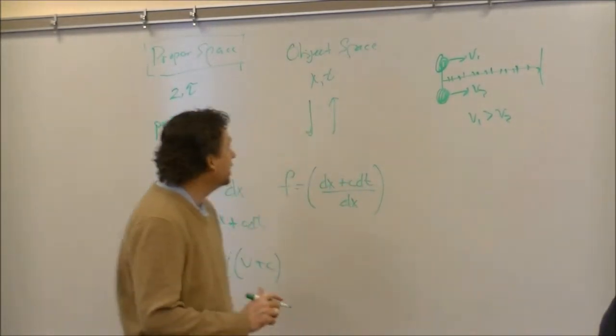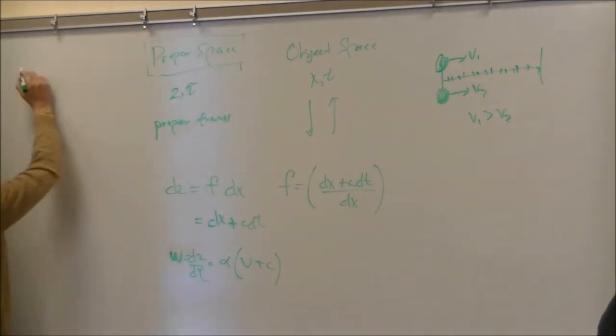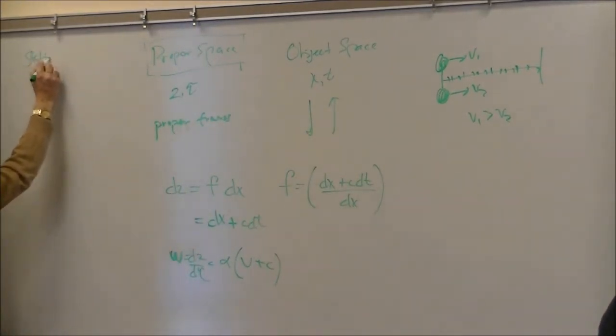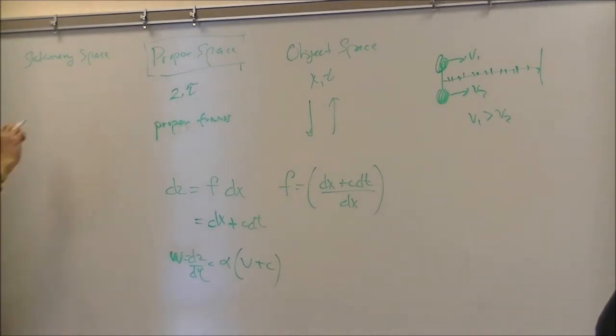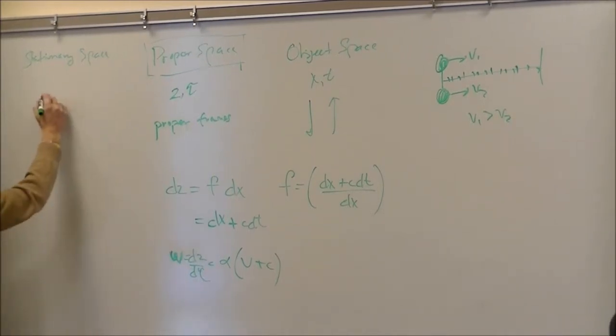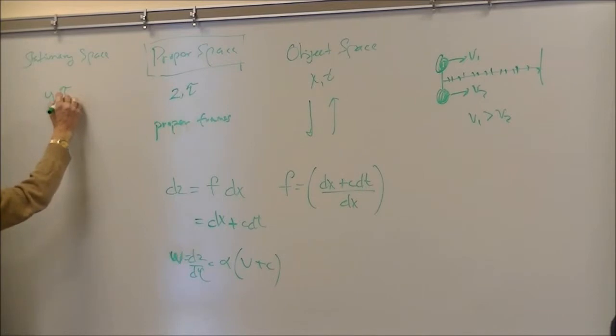I'm also going to define, just real briefly, what I call a stationary space, but I want to warn that this does not represent anything physical. It's purely a mathematical construct for the purposes of calculation, and we're going to be using y, and again tau.